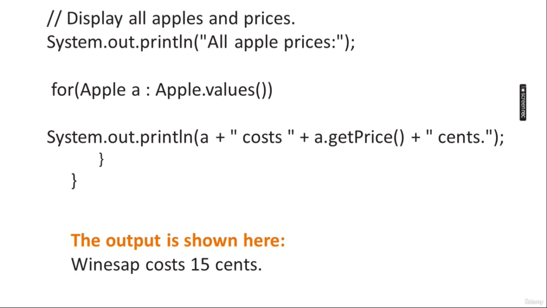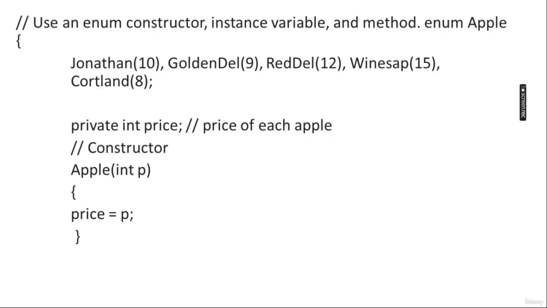How will I do it? For apple A colon Apple.values, which returns an array, A cost, A dot getPrice cents. The prices I am already setting using Jonathan 10, Golden Delicious 9, Red Delicious 12, Winesap 15, and Cortland 8. So these are the prices of these particular constants.